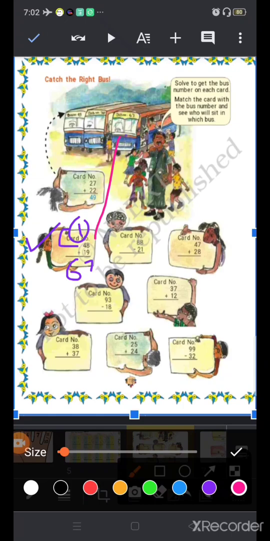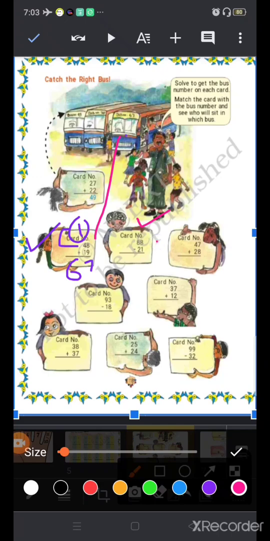Now the next card, we'll do this one. What number is given on the card? 88 minus 21. First we will subtract ones place and then we'll subtract tens place.